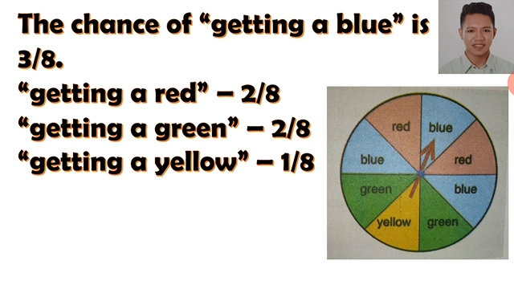What you see, just compute. Getting a blue, count the blue colors. Getting a red, count the red colors. Getting a green and yellow. That is theoretical probability. It is computed without actual event outcomes.